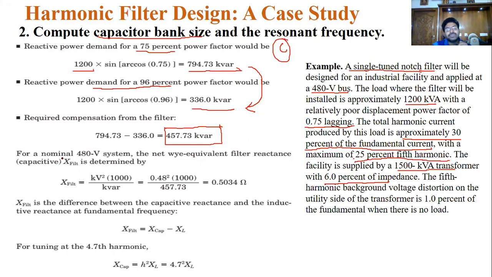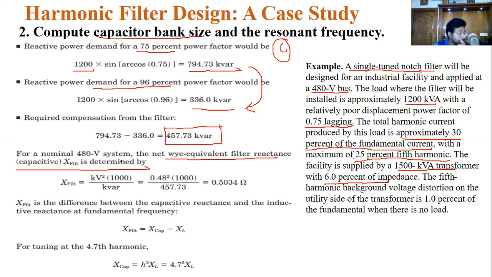So what is the rating of the system here? A 480 volt system. How the transformer is connected is not given in the problem, so we assume it as a Y equivalent filter reactance and capacitance.